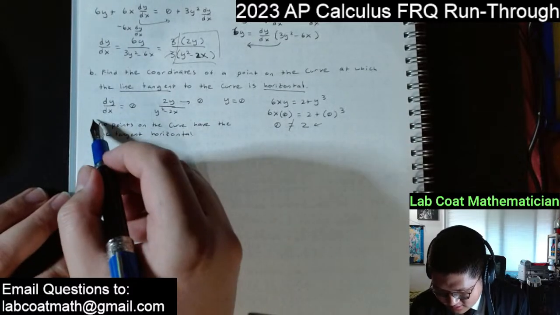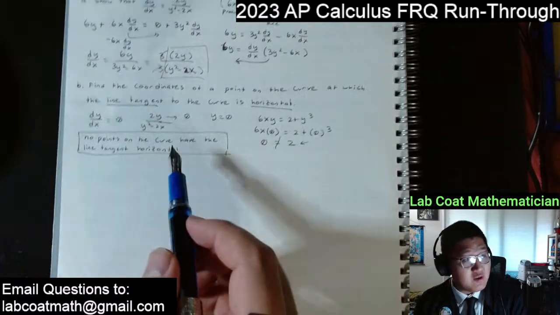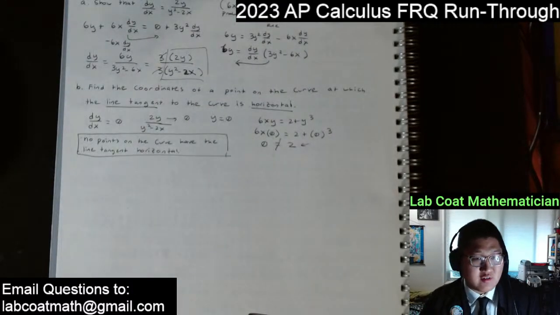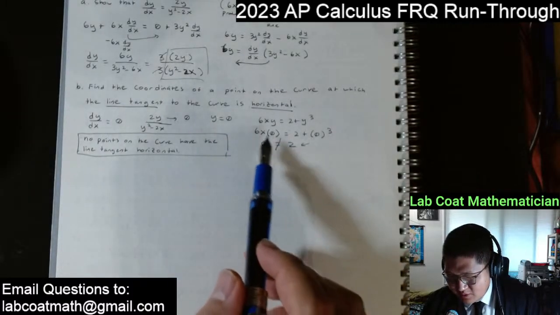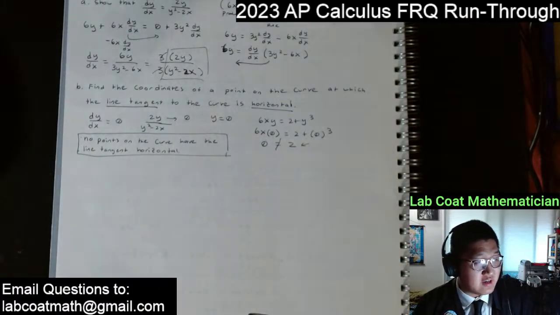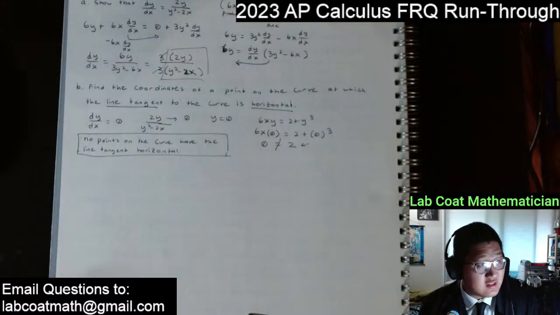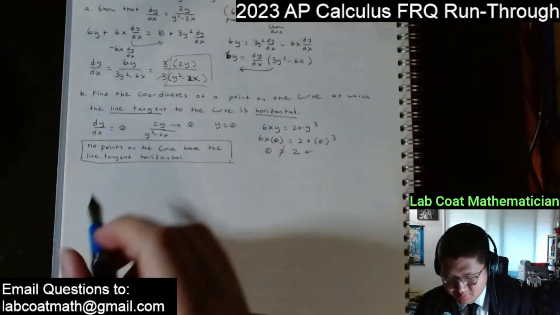Our work shows that we must have y equal to 0 on the first derivative to prove that we are horizontal, but because we have no appropriate x values to make any sort of points such that that will be the case, we have to conclude that no points on that curve will actually be horizontal in the first place.